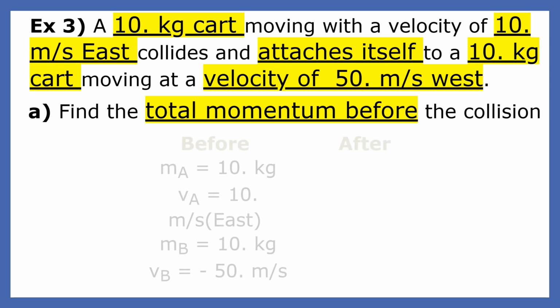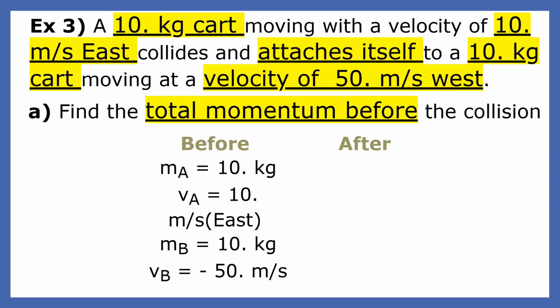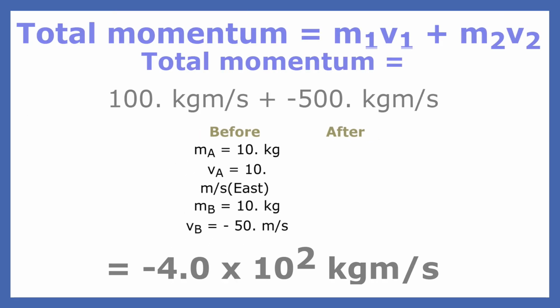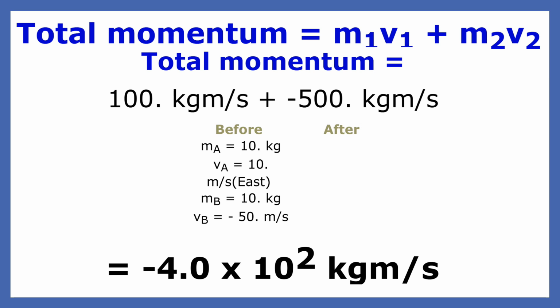The first cart, we'll call cart A, has a mass of 10 kilograms and a velocity of 10 meters per second. We made that positive because that's east. But the second cart was also 10, but it was going west, so it's negative 50 meters per second. Since the 10 kilogram object had a velocity of 10 meters per second, its momentum is 100.